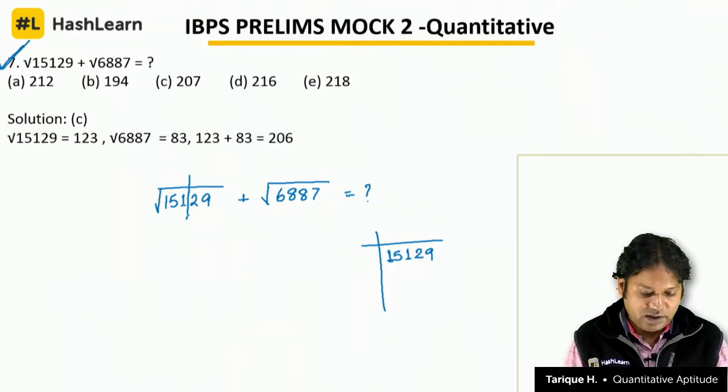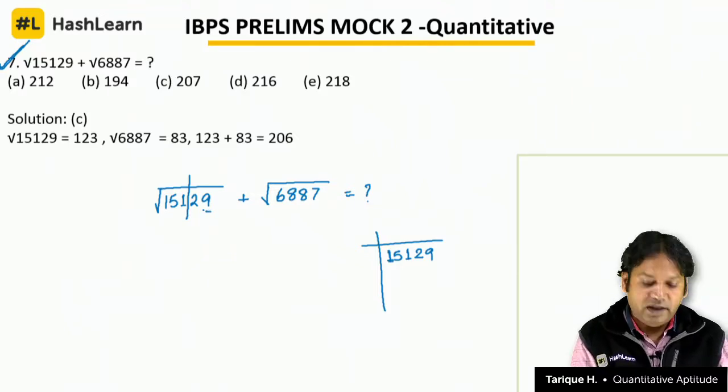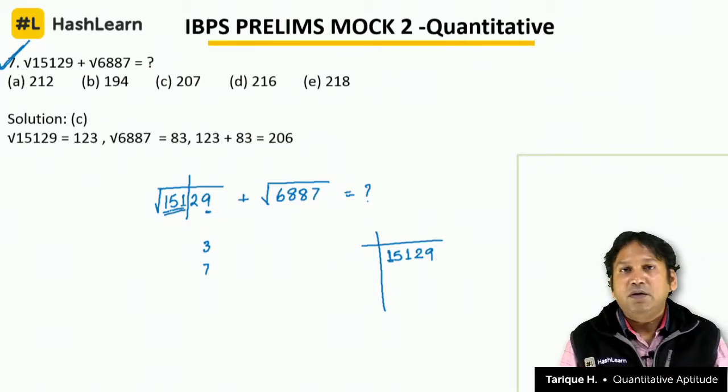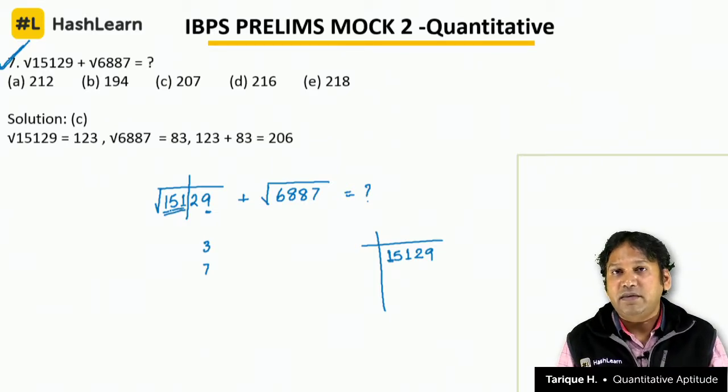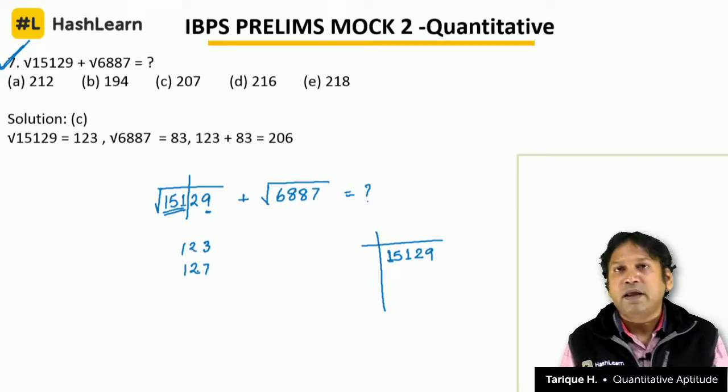Now when the number is ending in 9, the square root can end in 3 or 7. And for 151, you see, 12 square is 144 and 13 square is 169. So it's 123 something, 123 or 127. The number need not always be a perfect square.